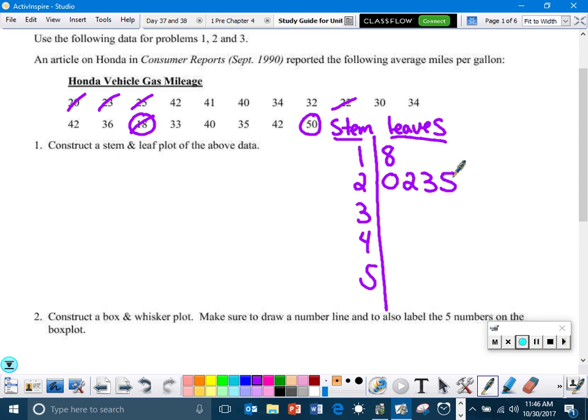So the smallest in the 30s is 30, so 0. Again, try to line your digits up nicely. Then we have 32. Then we have 33. Then we have two 34s. Then we have 35 and 36.